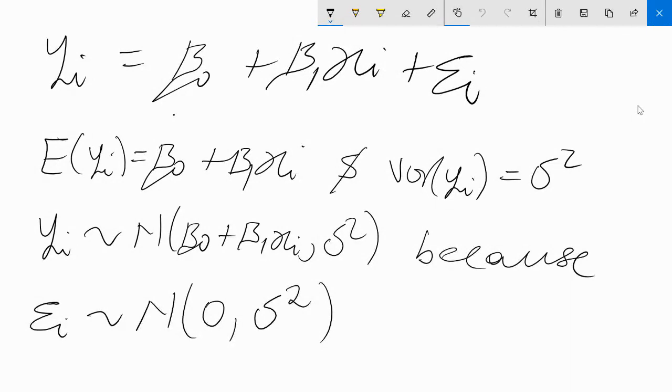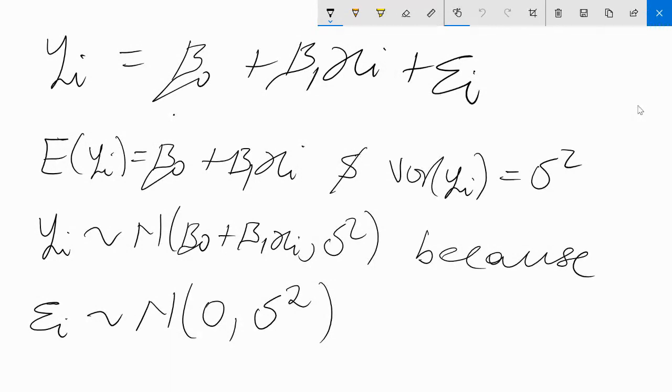So I will take you back first. We have the model there, yi, which is equal to beta 0 plus beta 1 xi plus the random error term. So you know that our model is a sum of two components, which is the constant term and the error term. The constant term is beta 0 plus beta 1 xi, and the error term is epsilon i.